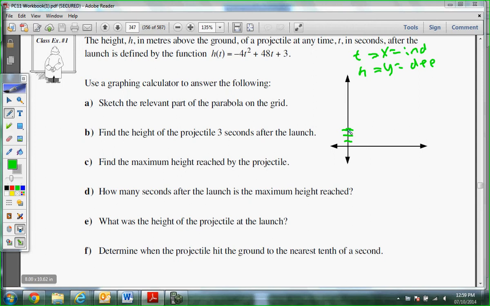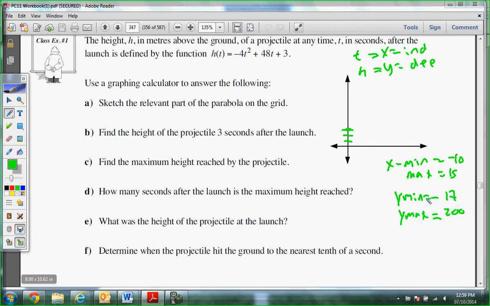So here's the window you can do. Your x-min, -10. Your max, 15. Your y-min, -17. Your y-max, 200. Okay? That'll get you a nice, good picture of it.